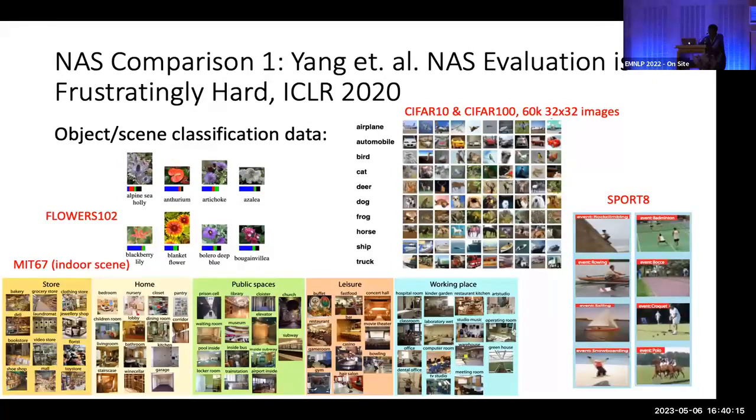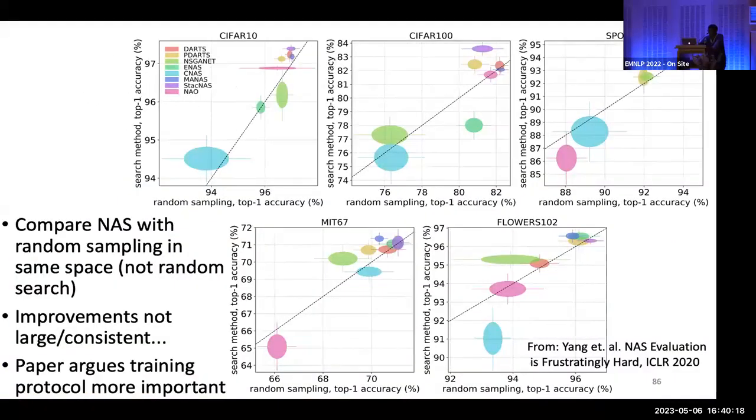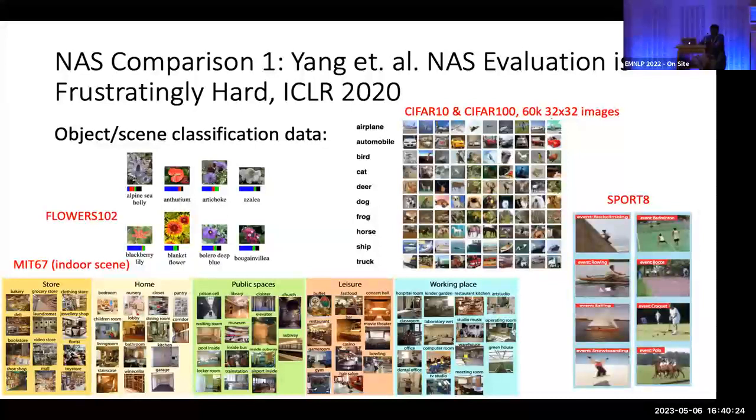Okay. This is another example. Maybe I won't go through so much of this. This other paper focuses on computer vision data sets, and they're looking at different neural architecture search methods. And they implemented a lot of the popular methods out there.